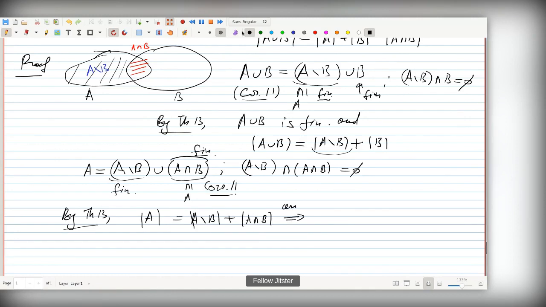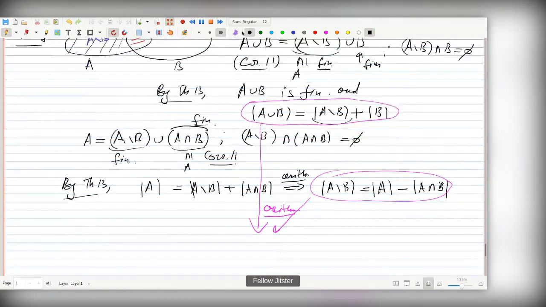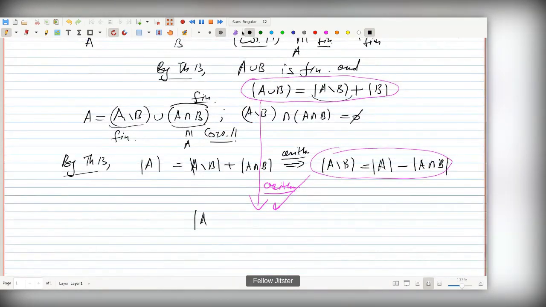Using a little arithmetic, we obtain that the cardinality of A minus B is just the cardinality of A minus the cardinality of the intersection. Now let us combine these two formulas. If we combine them using still more arithmetic, we may obtain the required resulting formula.